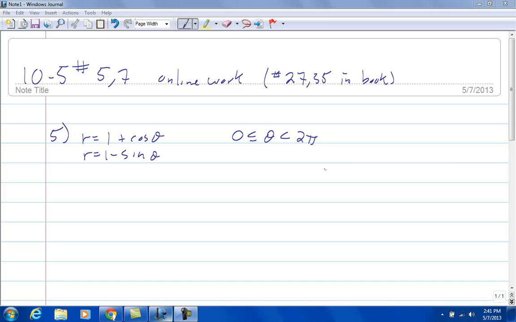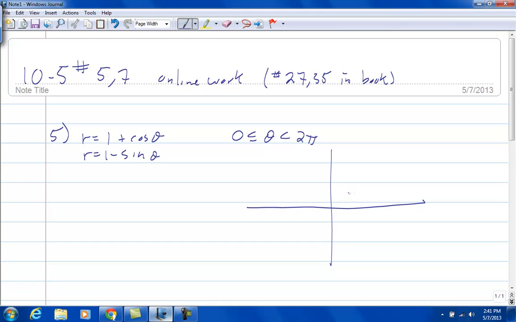And if you look at the graph of this, I'll try to do a decent job recreating the graph. You have ones like this. And then one that is a limaçon on its side. So pretty rough there.